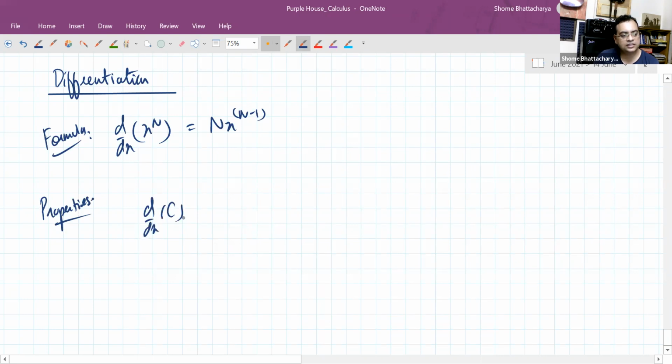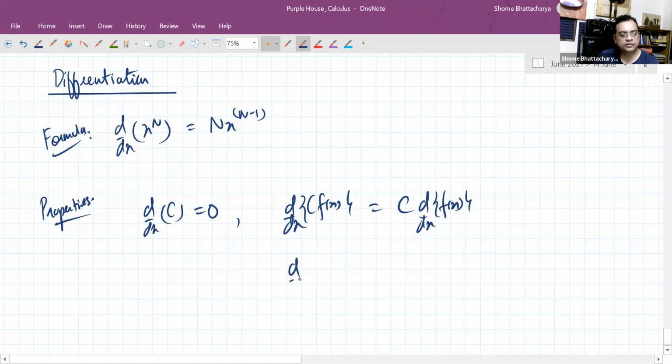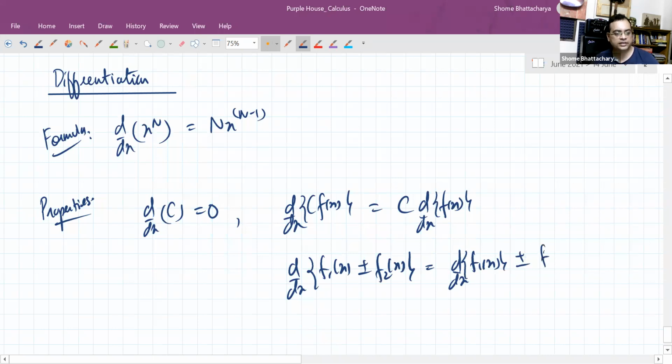Differentiation of a constant is 0. Differentiation of a constant multiplied by a function becomes the constant times differentiation of the function. And differentiation of the sum or difference of two functions, like the distributive property, is differentiation of the first function plus or minus differentiation of the second function.